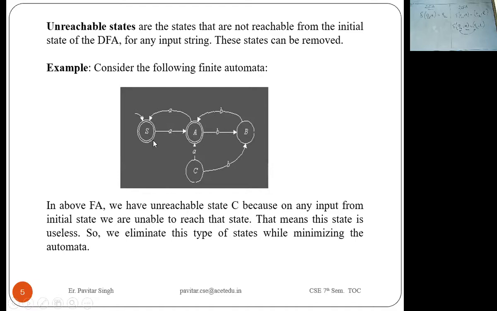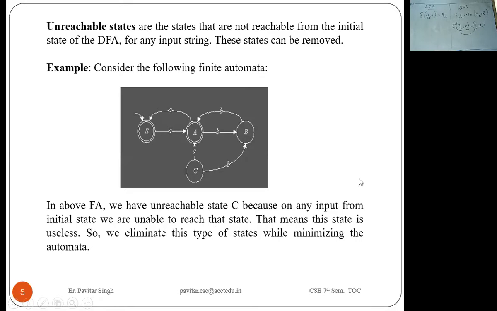When you start from capital S, upon the processing of any input, you can't reach C. You don't have any edge which will take you to the C state. So in the above finite automata, we have an unreachable state C because on any input from the initial state, we are unable to reach that state.